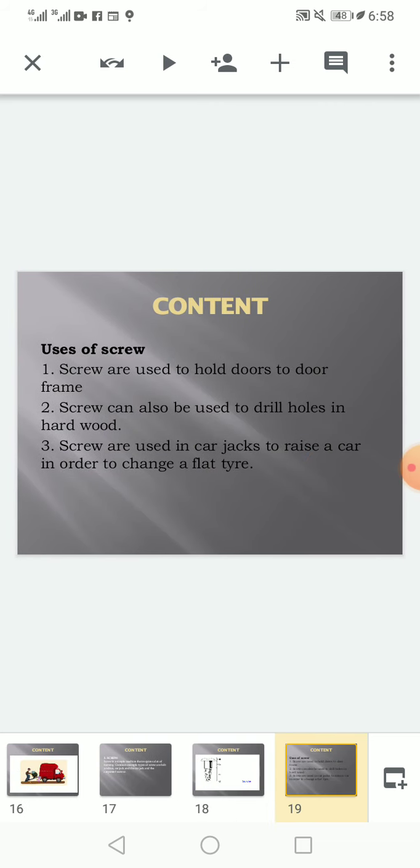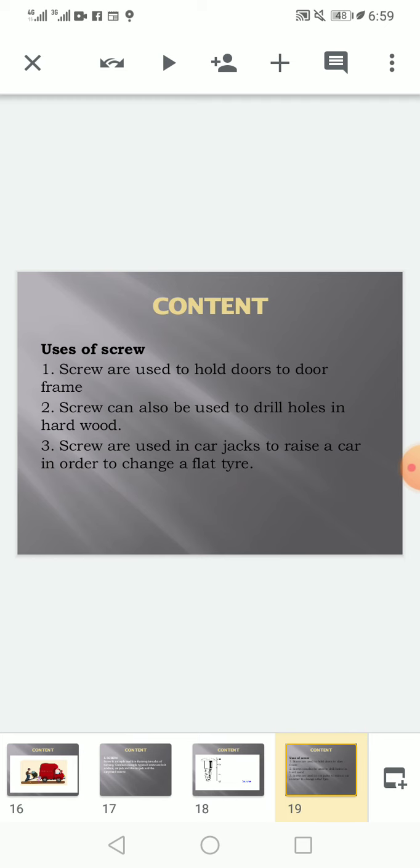Now, what do we use a screw for? Screws are used to hold a door to the door frame. If you check your house, you see that a door can be held with the use of a door frame. Screws can also be used to drill holes in hardwood. To drill a hole in hardwood, you also need to apply a screw. And screws are used in a car jack to raise a car in order to change a flat tire.